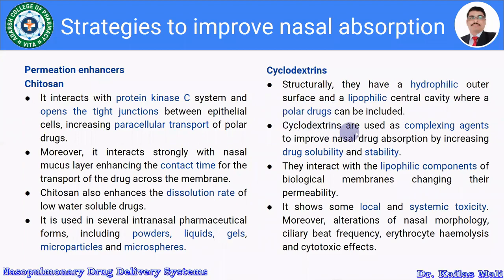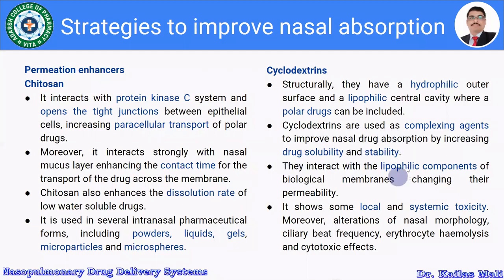Cyclodextrins are used as a complexing agent to improve nasal absorption by increasing drug solubility and stability. So the cyclodextrin forms a complex with the drug molecule, thereby improving the drug solubility as well as the stability.